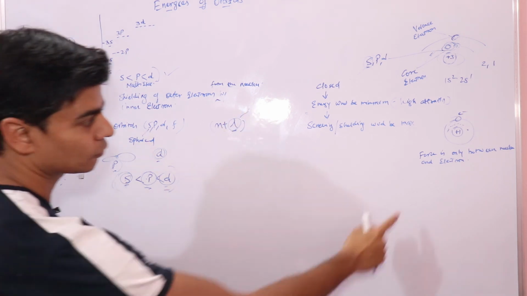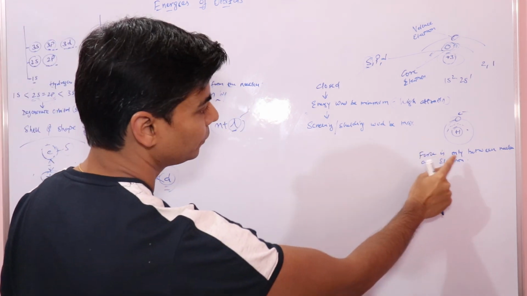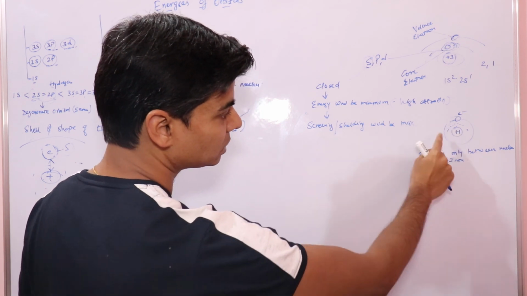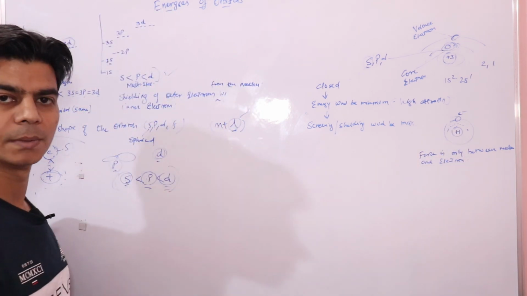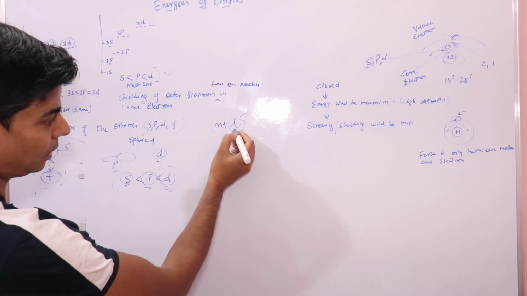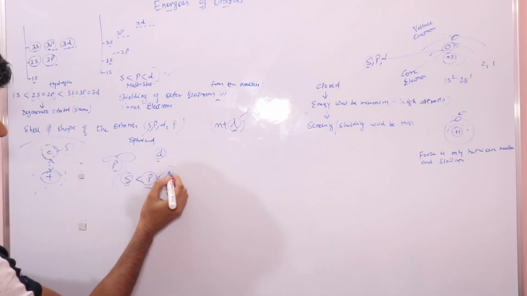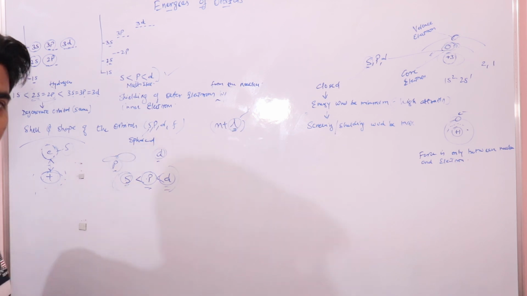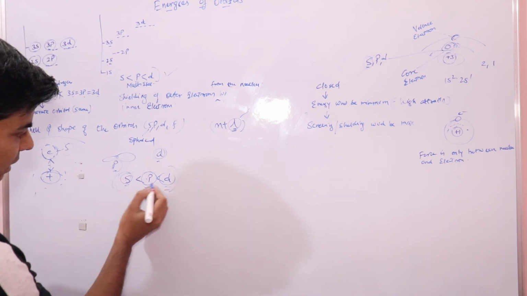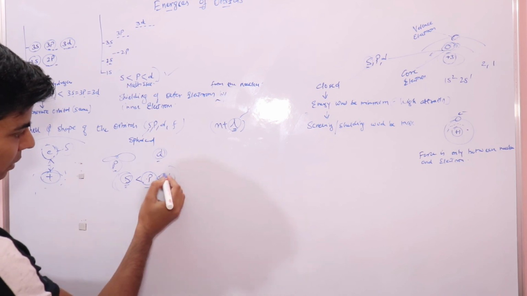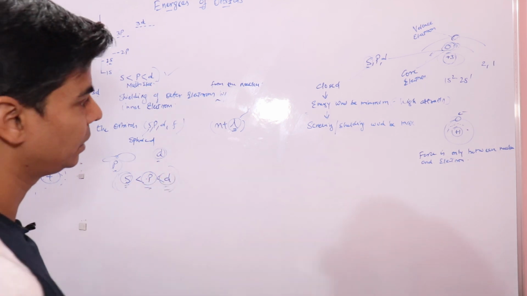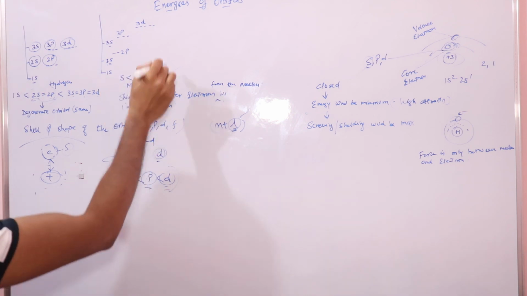In a single electron atom, the energy of the orbitals depends only on the principal quantum number. These s, p, d orbitals are given by the azimuthal quantum number, and it is these orbitals that cause the screening effect, due to which we have the splitting of energy.